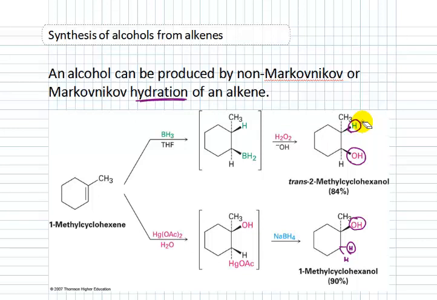So we can do it two ways. We can do it Markovnikov or non-Markovnikov. The Markovnikov way is where the OH is added to the more substituted carbon. So we do Markovnikov by the oxymercuration, demercuration sequence.